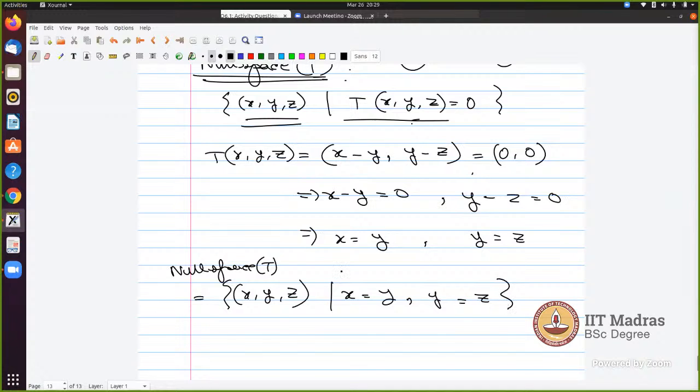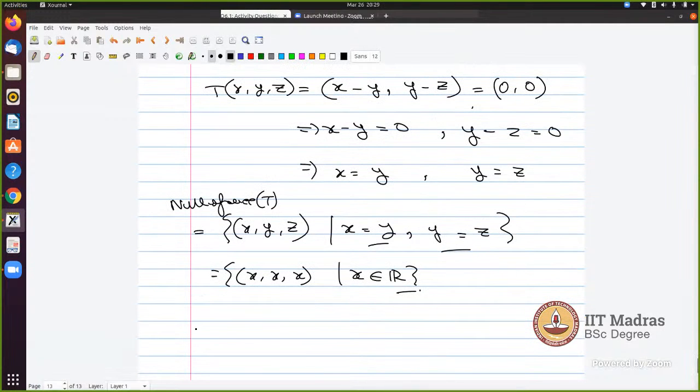That means x, y and z are all equal. So the null space of T is x comma x comma x. Is it clear? Yes, sir. So what is the dimension of the null space? 1.